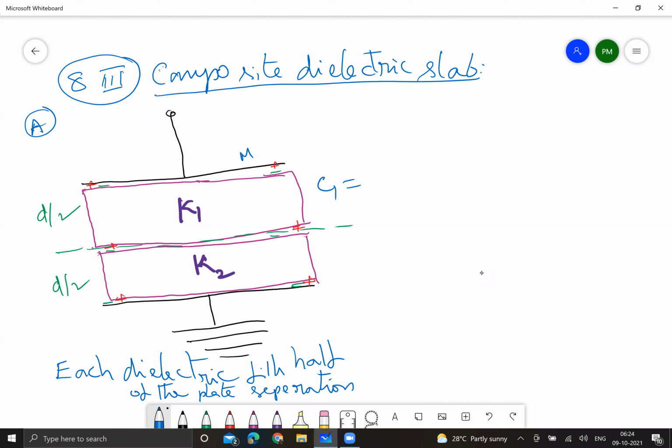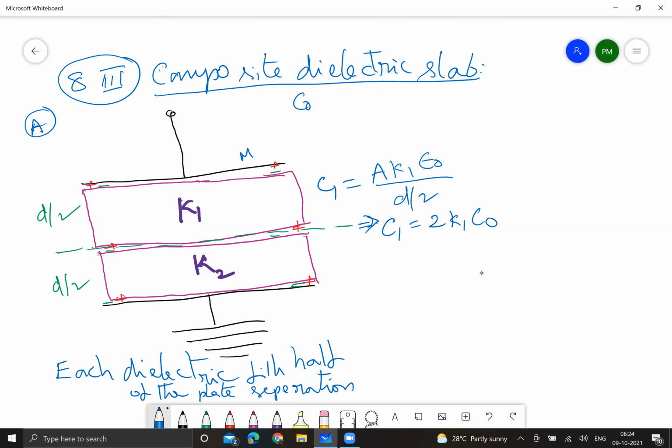Similarly, the capacitance will become C1 is equal to A K1 epsilon 0 by d by 2, which implies C1 will be 2K1 C0.